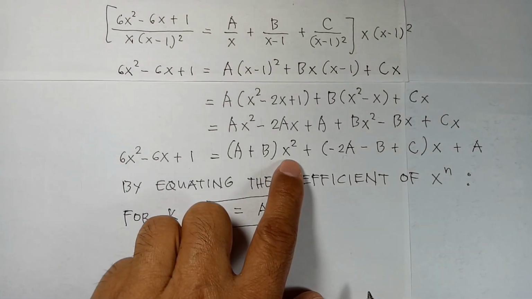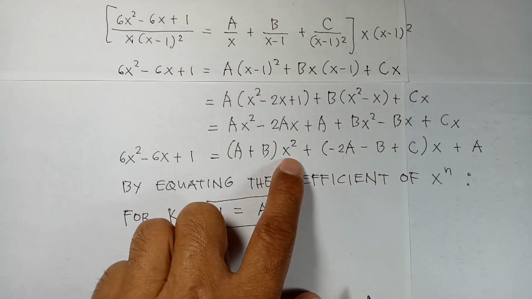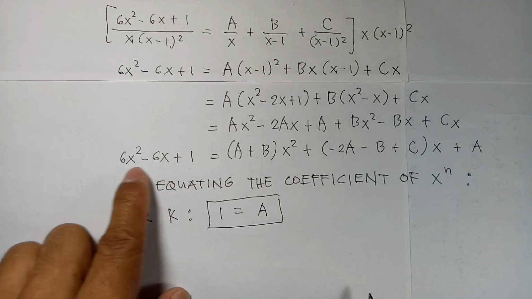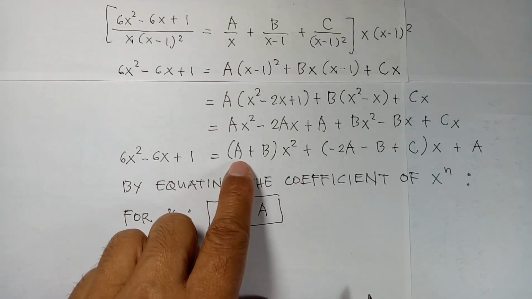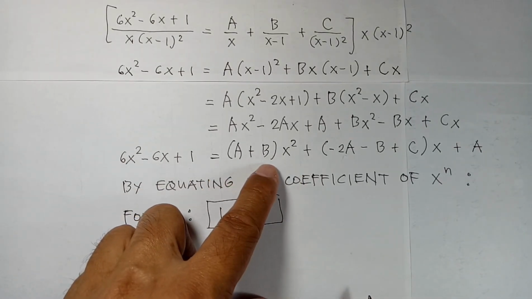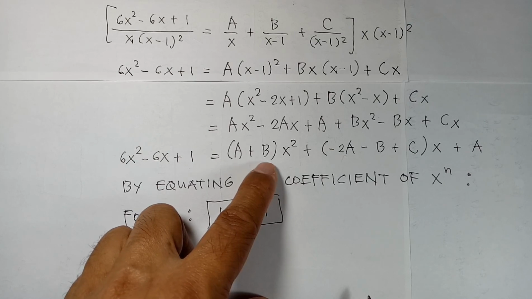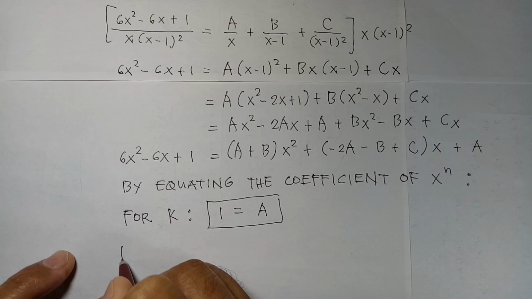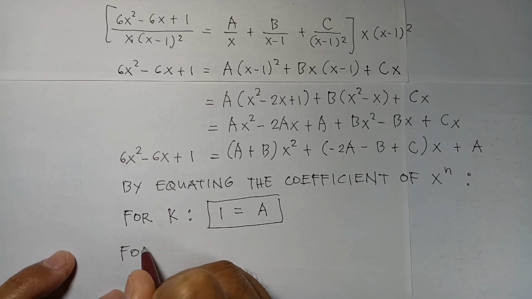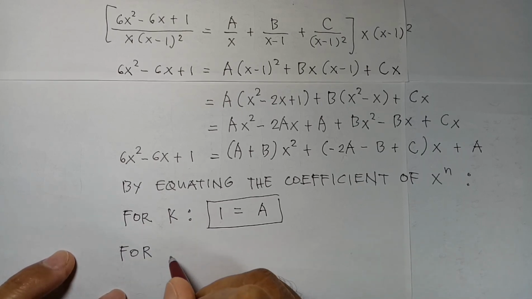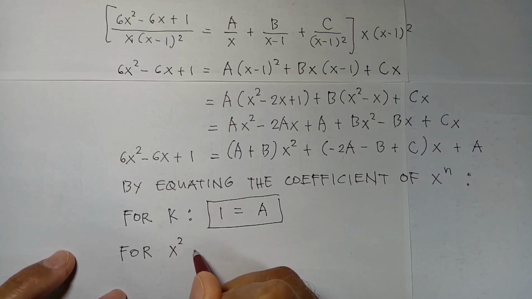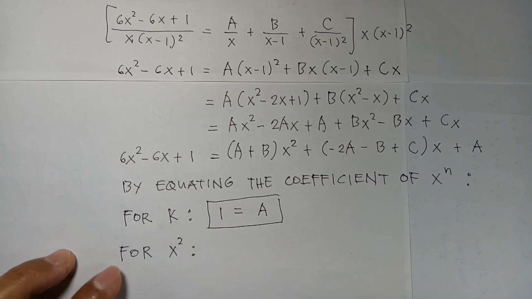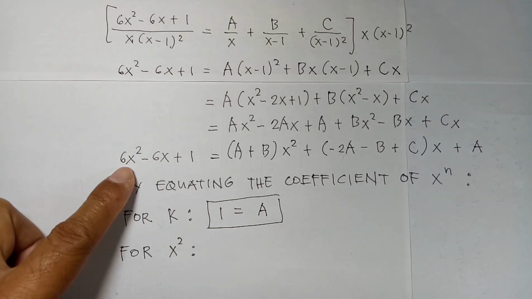And then if we are going to use the coefficients of x squared, since we have now the value of a, we can now solve for the value of b. So for x squared, the coefficient of x squared at the left side of the equation is 6.